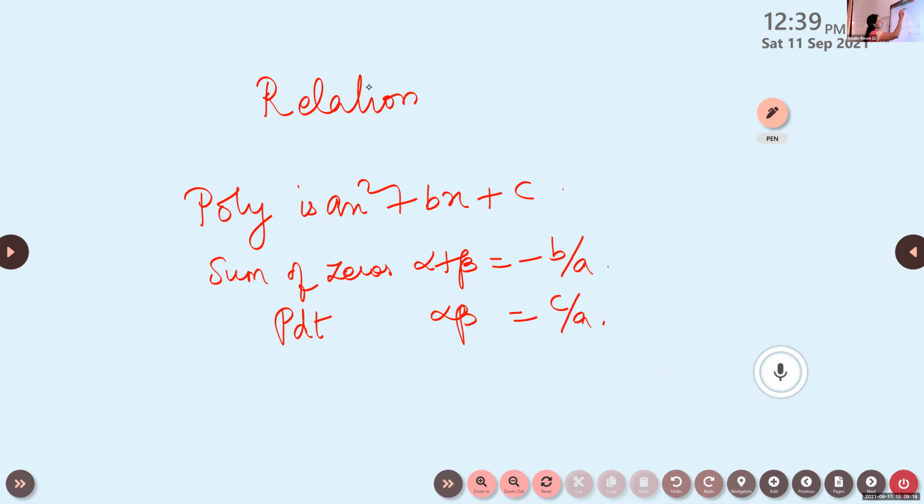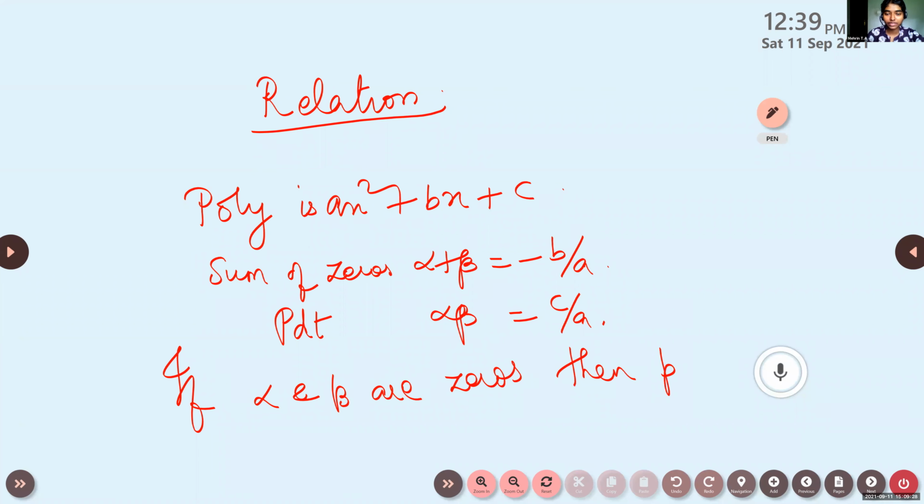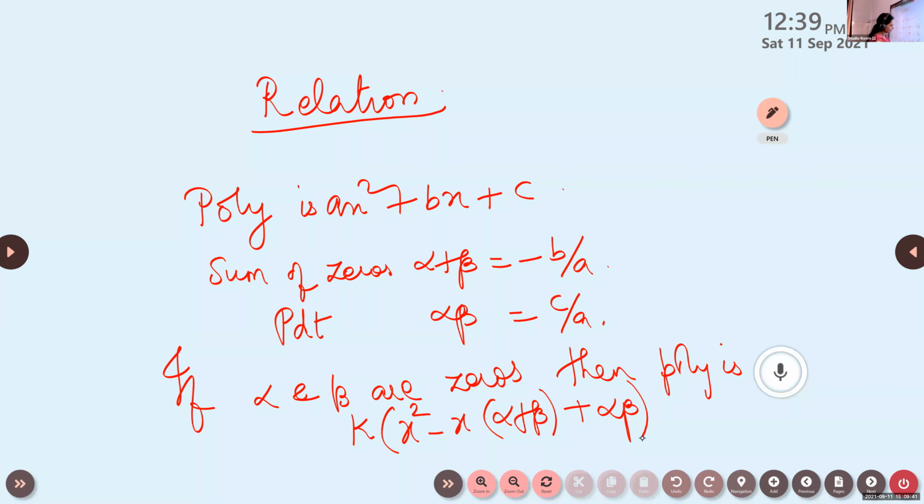My question is, if alpha and beta are zeros, then what is the polynomial? K into x square minus x into alpha plus beta plus alpha beta, isn't it? What is the formula we have learned? K into x square minus x into sum of the zeros plus product. We need this formula for solving the next two questions.